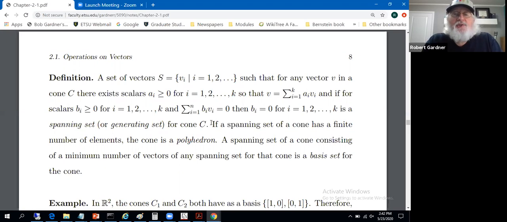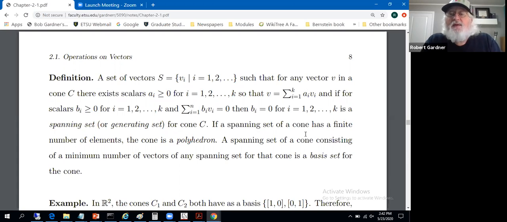And the second condition is not exactly linear independence, but something analogous to it. We're requiring that when we get the zero vector as a linear combination of these v sub i's, we must have used coefficients b sub i of 0, with the b sub i's all being non-negative. If that non-negativity condition were dropped, it would be regular old linear independence. But it's something slightly different here in this setting of cones. So that's a spanning set of a cone.